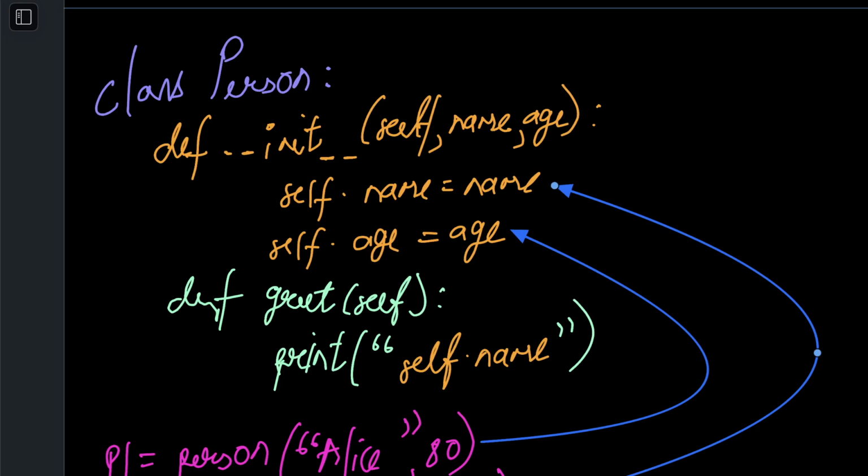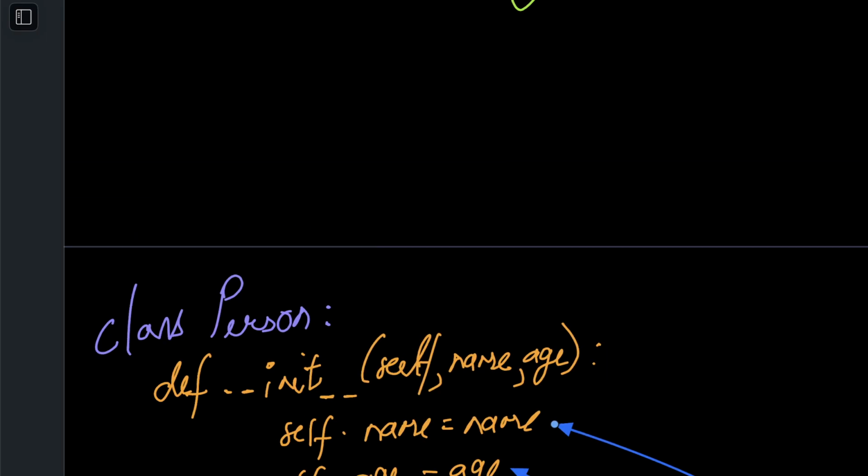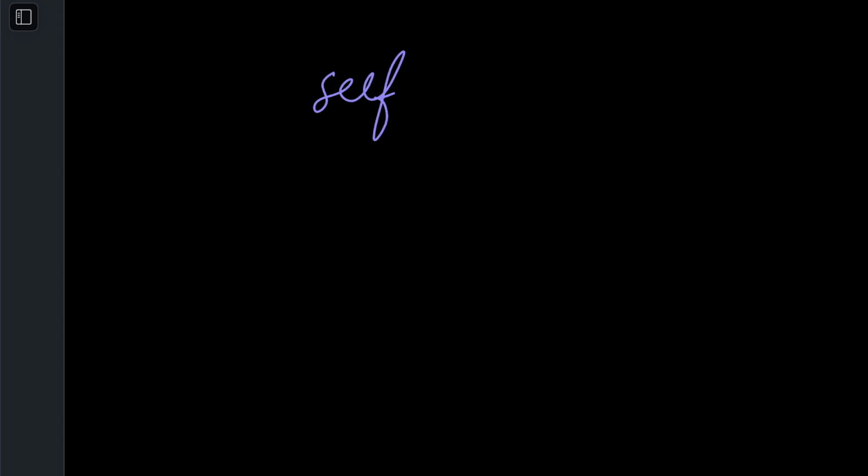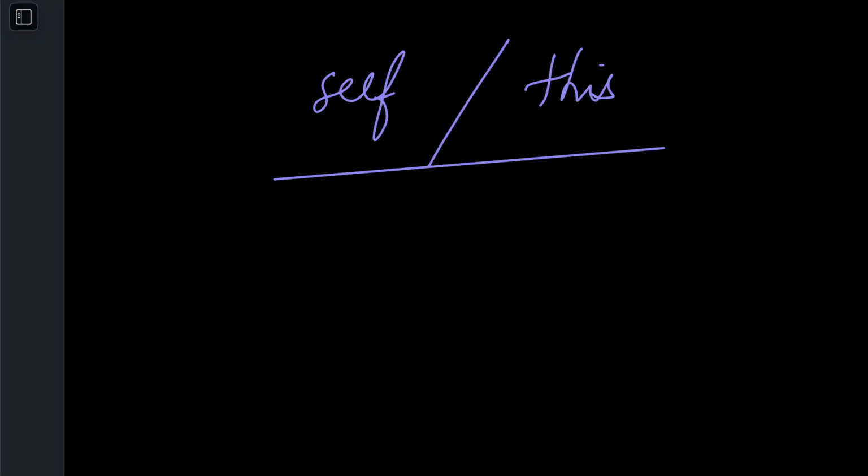So continuing on our journey, now we will be seeing some important things. There is a very famous keyword that we often use while dealing with OOP, something called self. Now in some languages, the self can be referred to as this. So in some languages it is self, in some it is this.